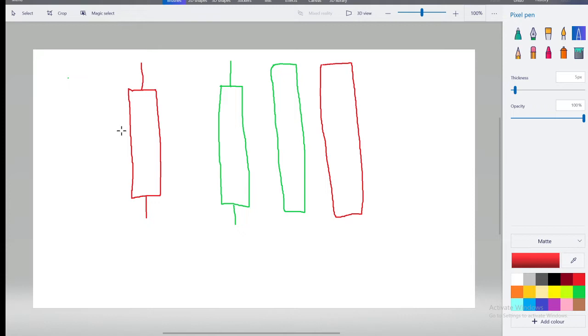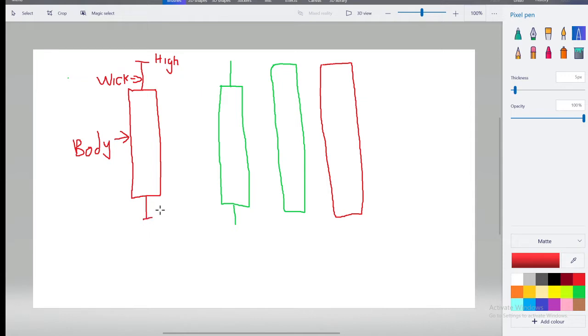Okay? This is the body. This is the eye, right?